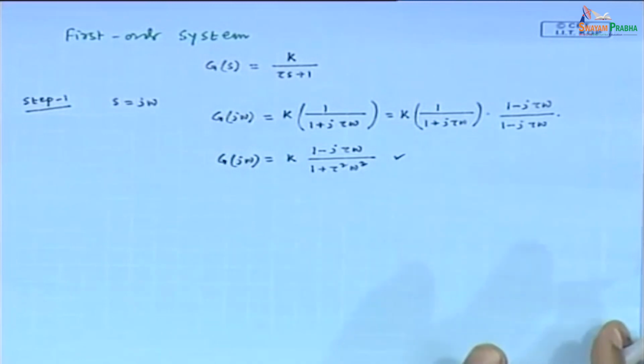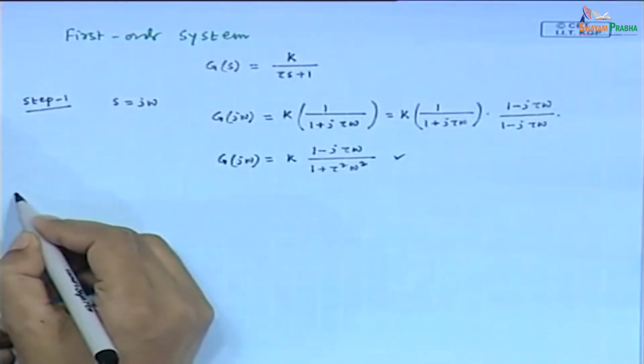Fine. Now, we need to represent this frequency response transfer function in Cartesian form, that is step 2.